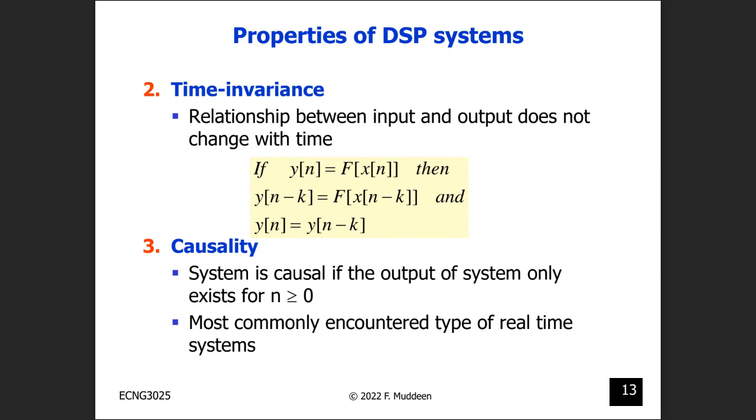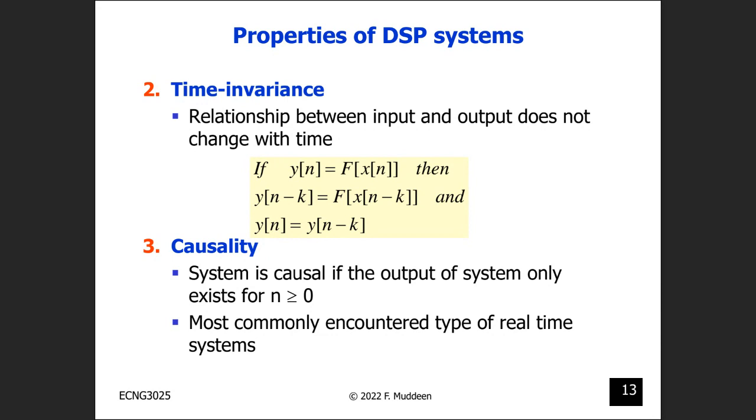The example I give you is a recorded piece of music. If you jump into the music in the middle, where the music goes from there is a result of where it was a little while before. So it's not causal. It just didn't start there.